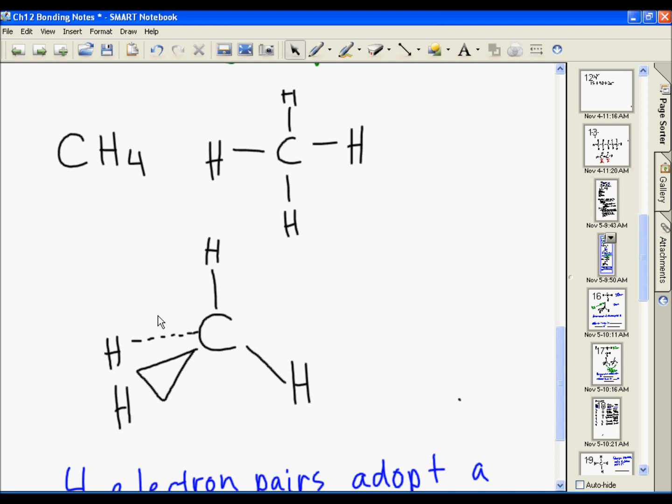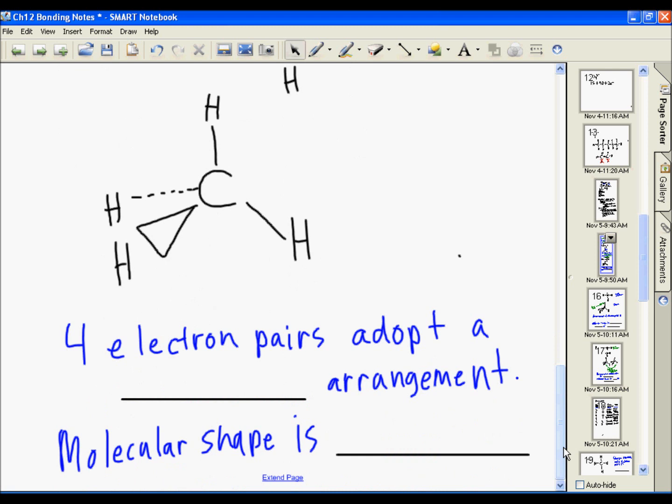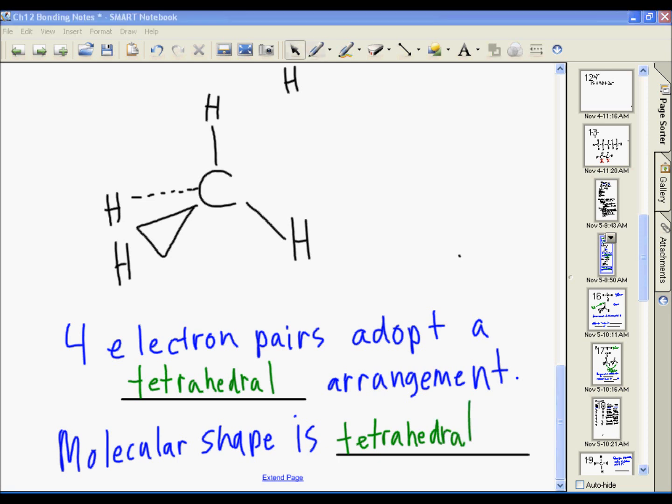And so whenever you draw a tetrahedral, you draw it that way. 2 solids, a wedge, and a dashed. And that will represent a tetrahedral. So 4 electron pairs adopt a tetrahedral arrangement. And the molecular shape is tetrahedral. Okay, so that's CH4.